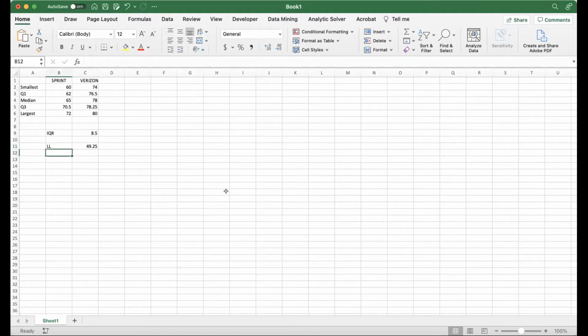Now we can get our upper limit. I'm going to do UL for upper limit. The formula for that was Q3 plus 1.5 times the interquartile range. And there we go, we get 83.25. So now we can take a look at our answers.